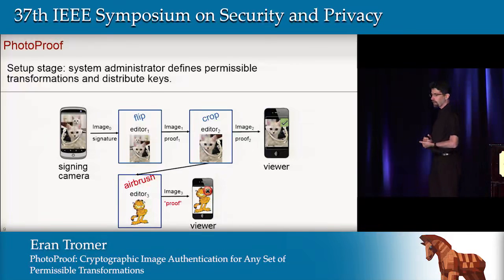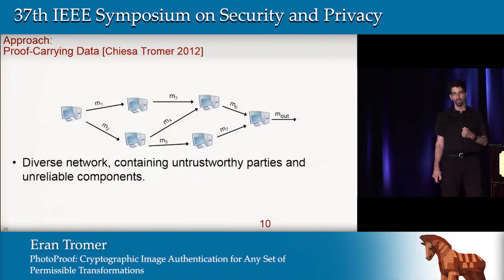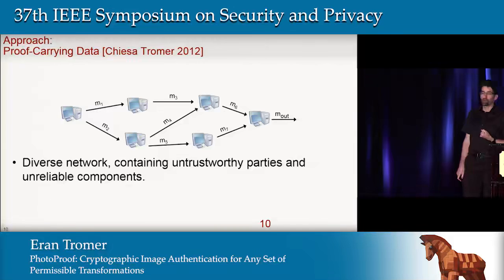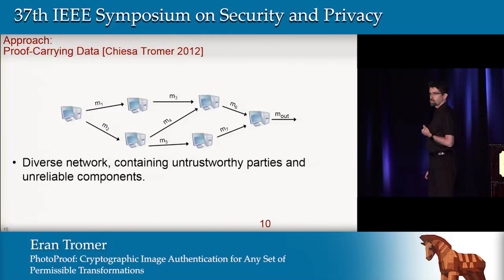And our technique for doing this is very different from the old works using image transformations and summaries from the graphics community. Instead, we use cryptographic techniques. We use the paradigm of proof-carrying data, which is a generalization of snarks that Antoine mentioned in the previous talk.